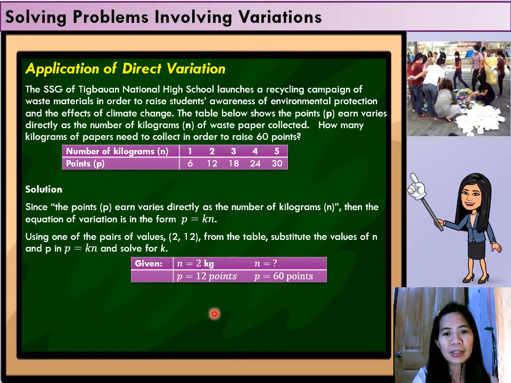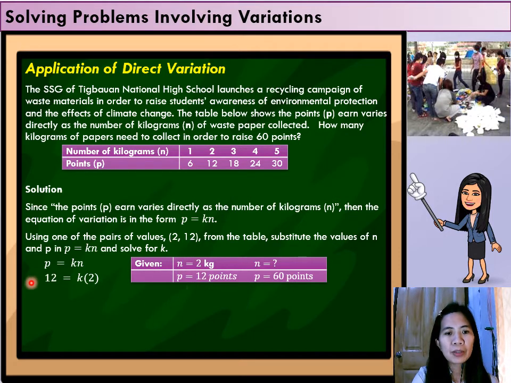Okay, so this is my given. We are going to find out how many kilograms of waste paper should be collected to earn 60 points. So, using the equation P equals K times N, we are going to substitute.